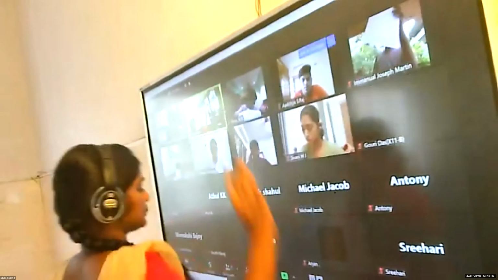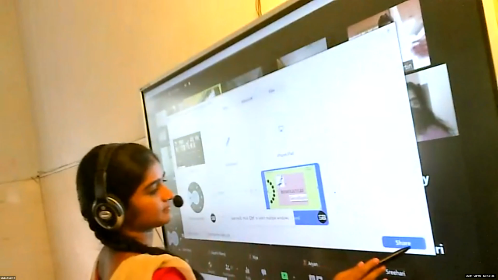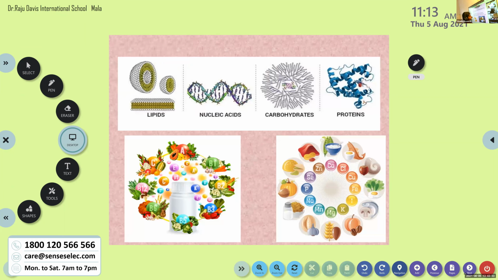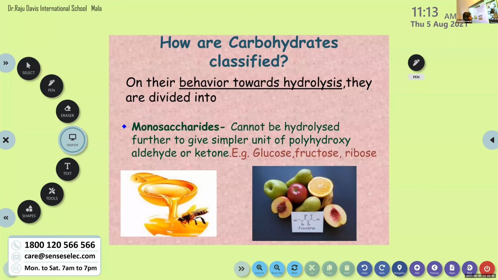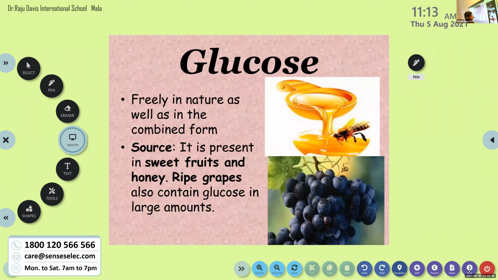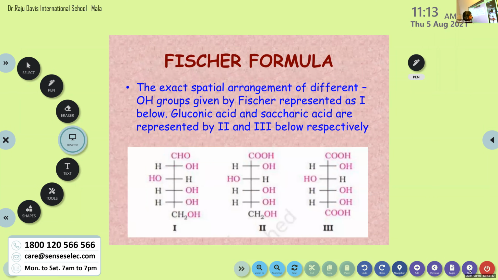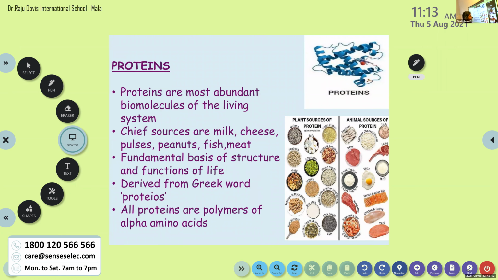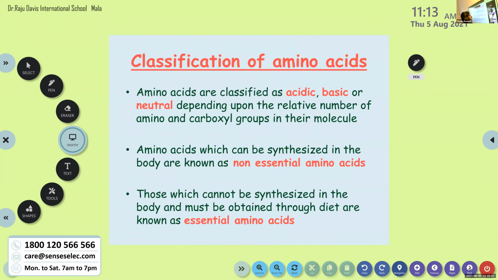So let's start. Which are the two types of structures in secondary structure of protein, children? Secondary structure of protein. In secondary structure, there are two types depending upon their structure. Do you remember which are they?